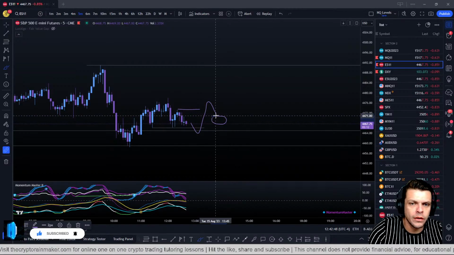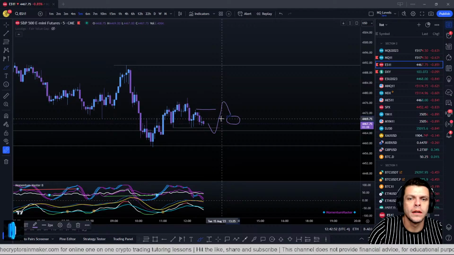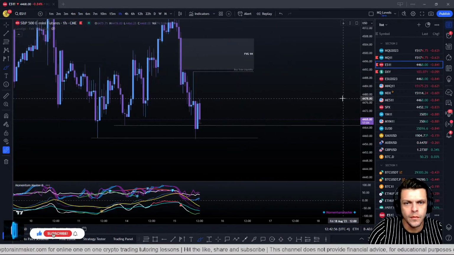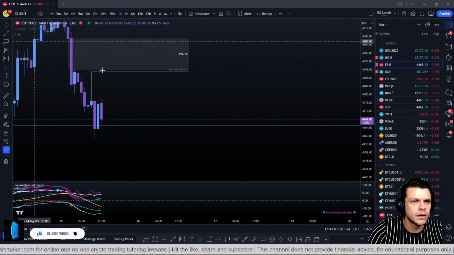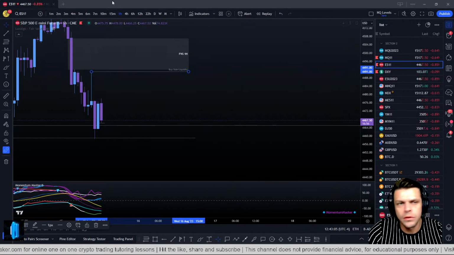Print that fair value gap, pull a fib on that, and if that's in the discount area, then you can open a long position. And then like we mentioned, I think that's gonna be a pretty awesome target right here at 4,491.